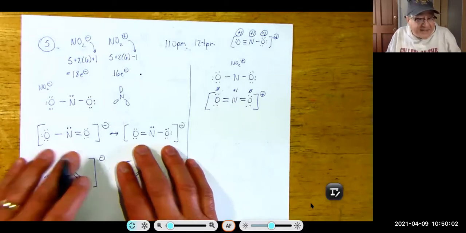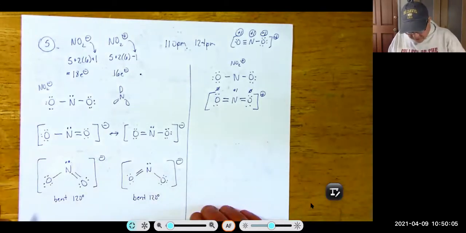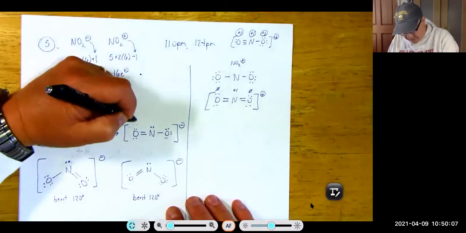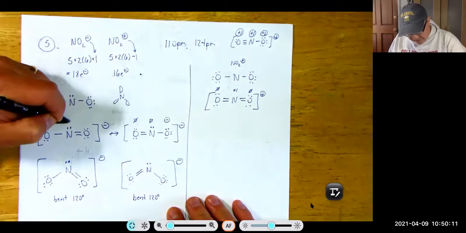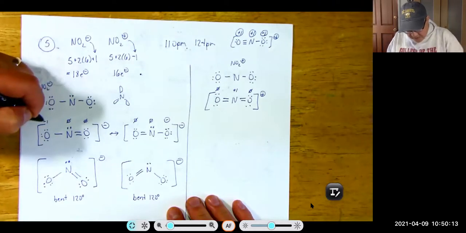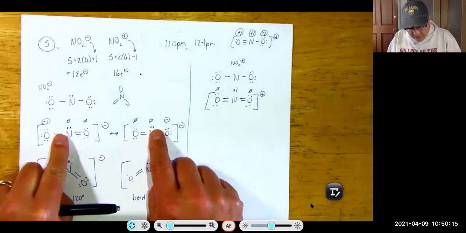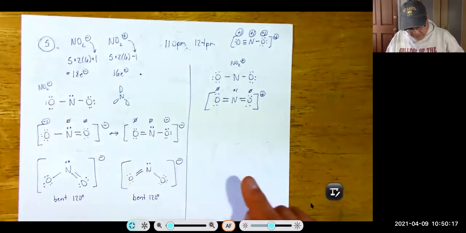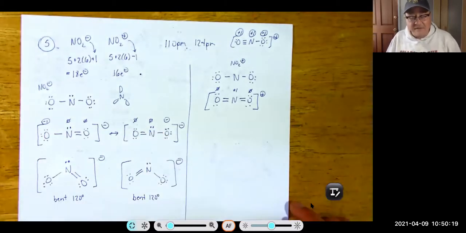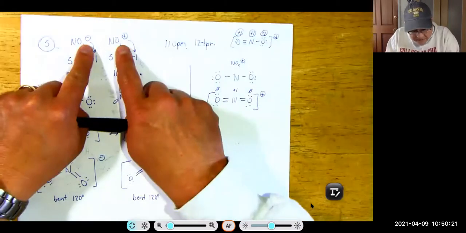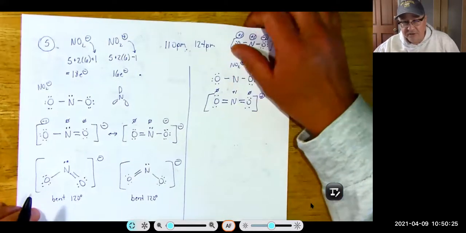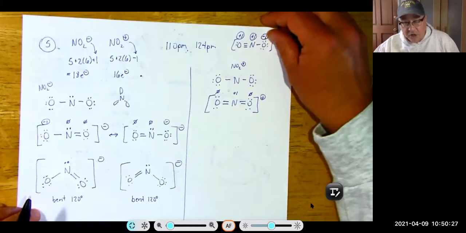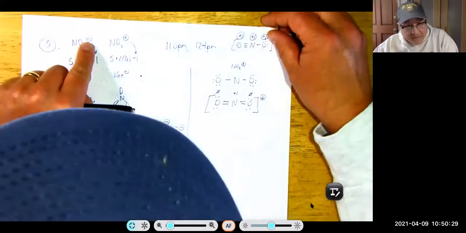Because I needed my octets. But if we did assign formal charges, they would be 0, 0, and -1, or 0, 0, and -1. And that's pretty good. I'm going to be honest with you: if you have a charge out here, you have to have a non-zero formal charge, because the formal charges add up to that number there.